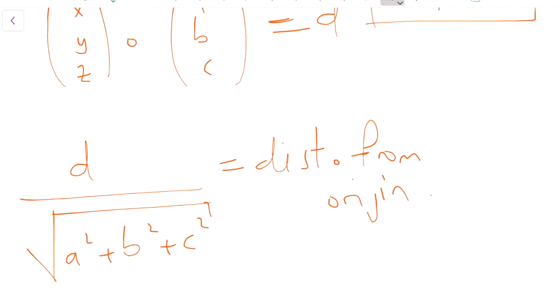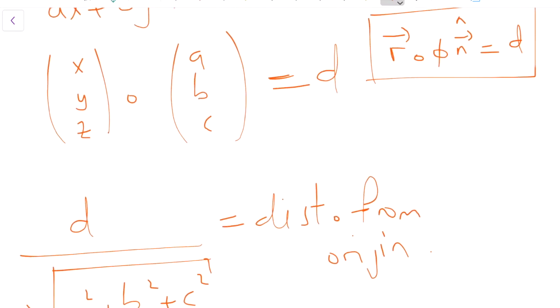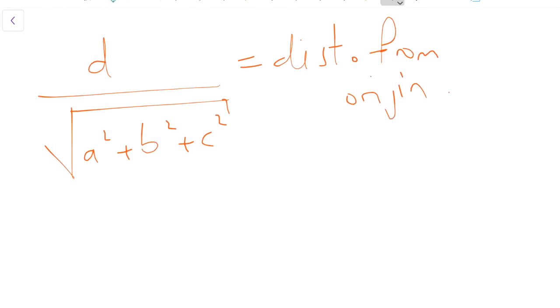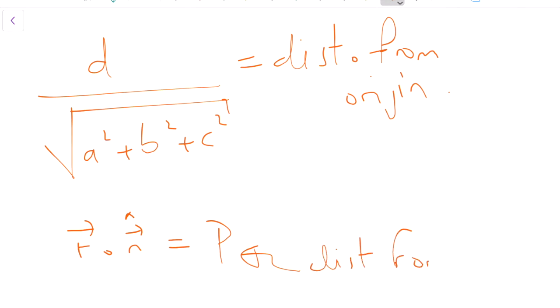Well, we know that R dotted with n equals p, where this is the distance from the origin.